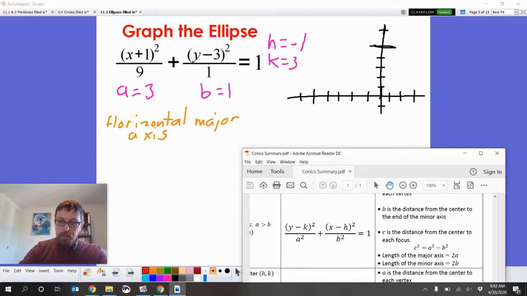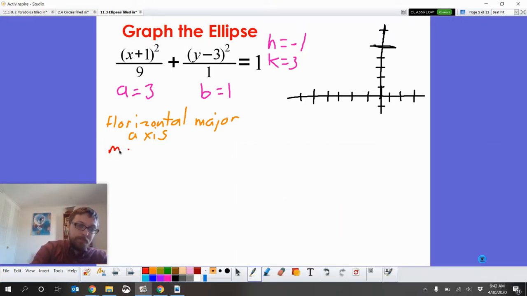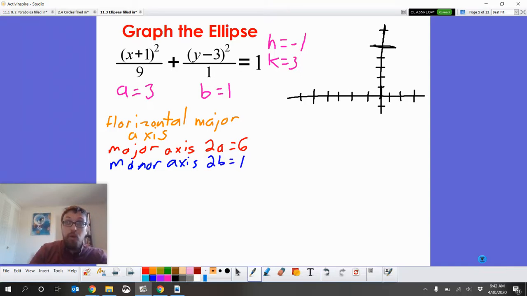Length of our major axis is 2 times A, and 2 times B is going to get us our minor axis. So major axis is 2 times A, which in this case is 6, and then our minor axis is 2 times our B value, which is 1.